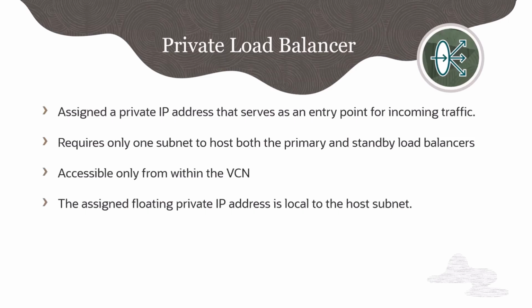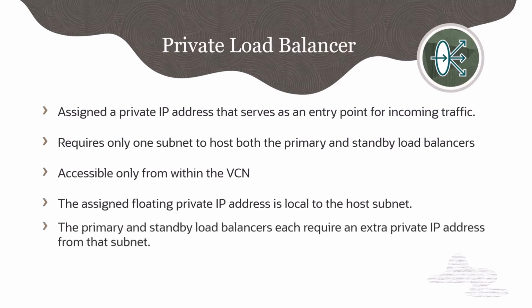One for the primary, the other one for the standby, and one for the floating private IP address. The primary and standby will require an extra private IP address that will act as the floating private IP address. So a total of 3 private IP addresses.